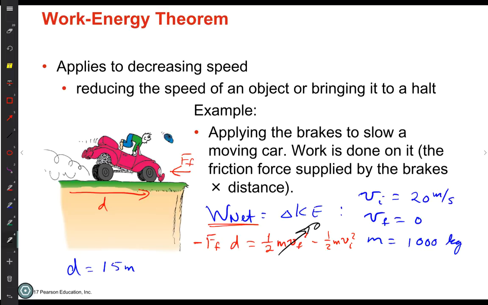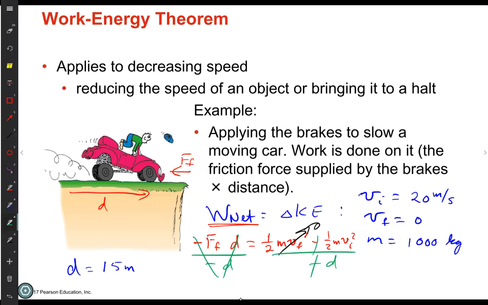Well, since I have minus force of friction times distance, how do I get force of friction by itself? Divide both sides by minus d. Why minus d? Because I want to get rid of the minus sign as well. So now the d's cancel, the minus signs cancel. Over here, the minus signs cancel.